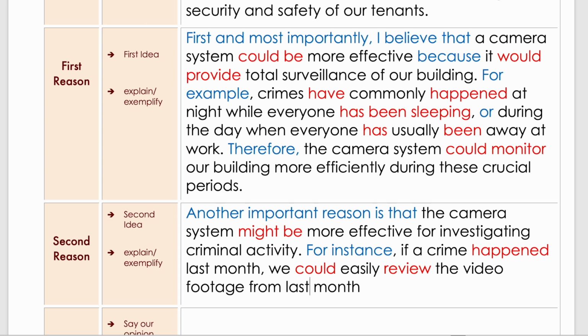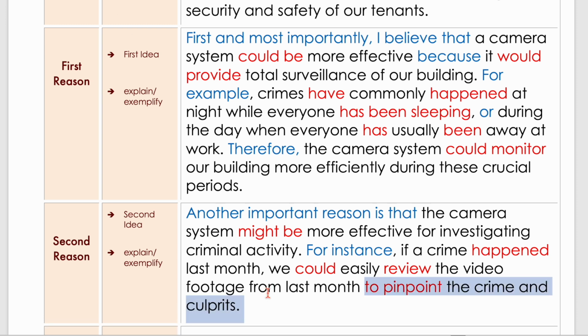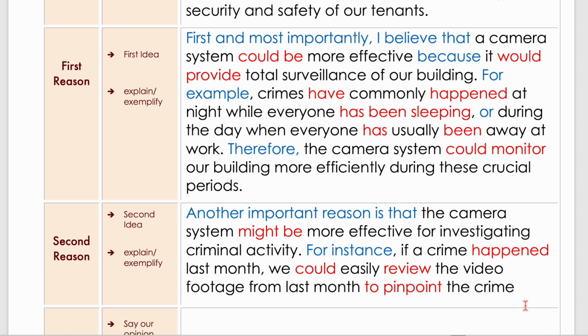And that's why we added to pinpoint the crime and the culprits. Even here, it would be over. To pinpoint the crime and culprits.